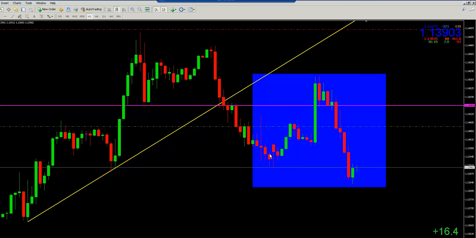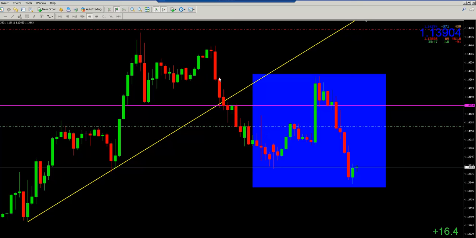So you wait for the candle to break out, come all the way down, come back up, or pull back, as it were, to this line, and then if it continues down, if it bounces off that point at which it broke out, then obviously you will know that it is going to continue downward.